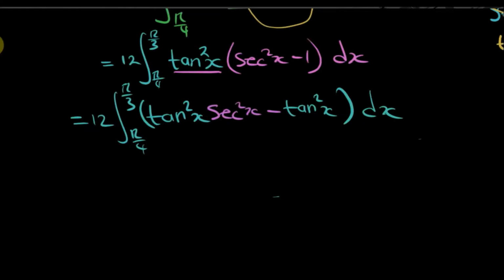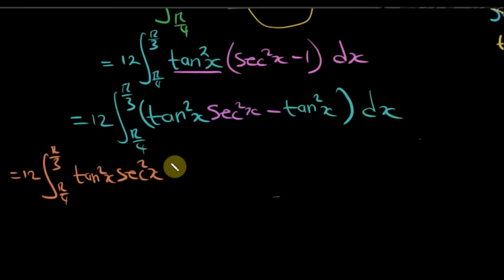So 12, our limit is still the same, tan squared x sec squared x dx minus 12.